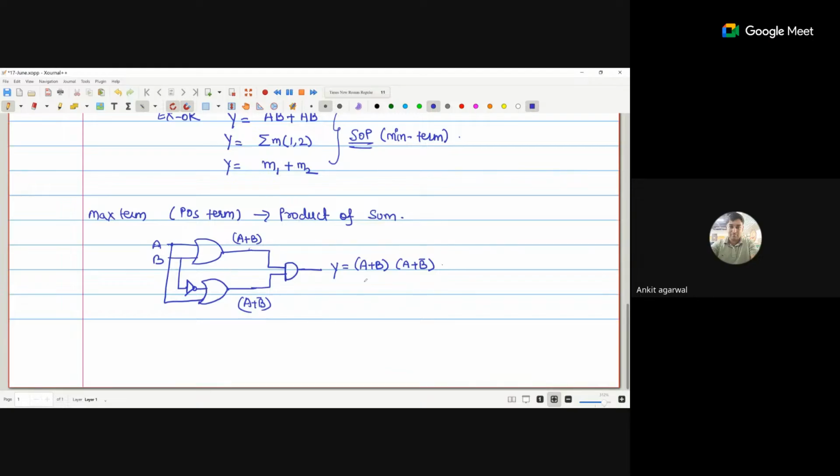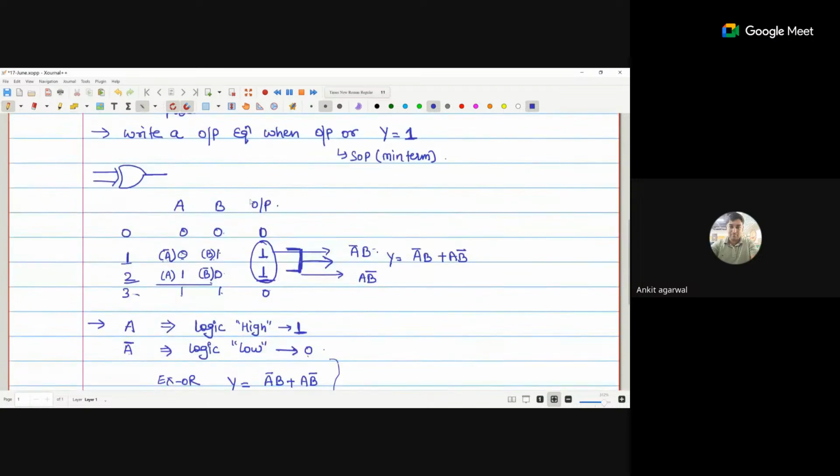Okay, A plus B and A plus B bar. This is one sum of A and B. This is another sum of A and B bar, and their product. So it is called the product of sum, or the max term.